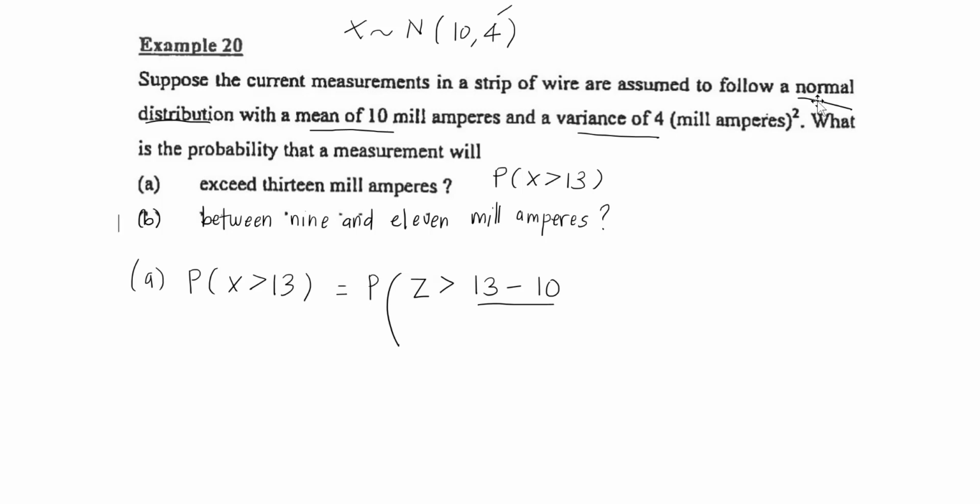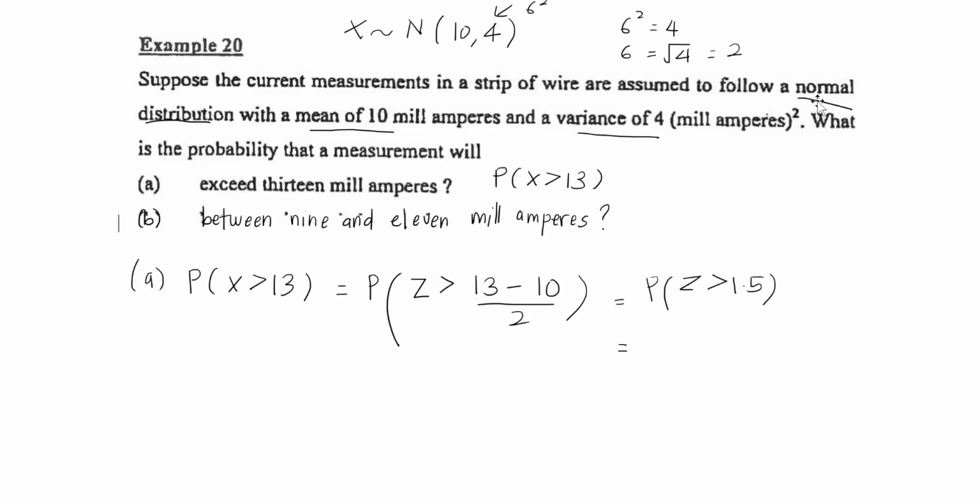The variance is equal to 4, so the standard deviation is the square root of the variance, which is 2. So we have the probability of Z greater than 1.5.